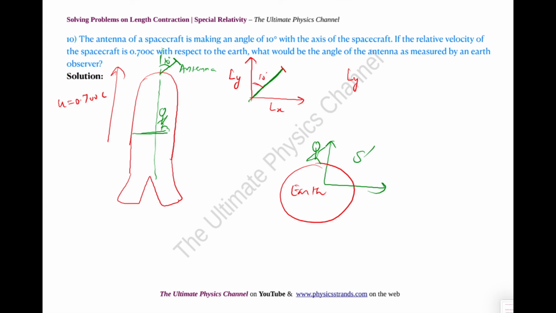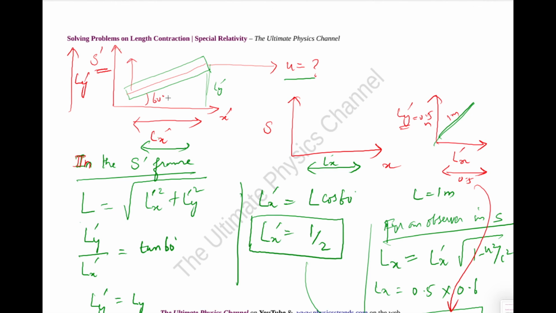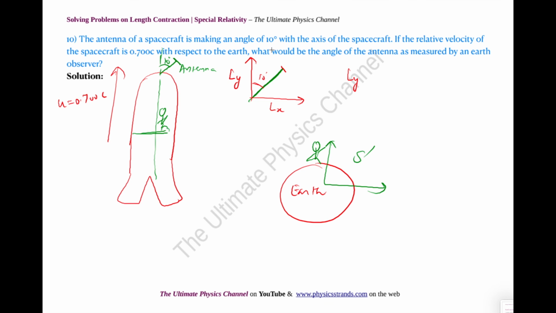Please recollect that in the previous problem, I had mentioned that the meter stick making an angle of 60 degrees in its own frame, this angle would be different for this observer in S frame. We didn't bother to calculate that angle because we could arrive at the answer in a simpler way there. But here the question specifically asks for calculation of that angle. So here we are going to do that.